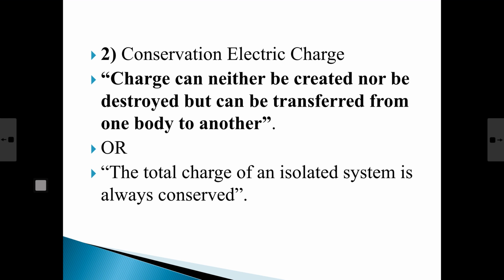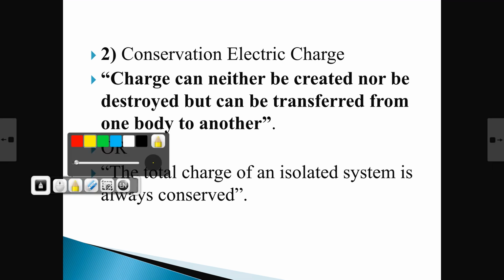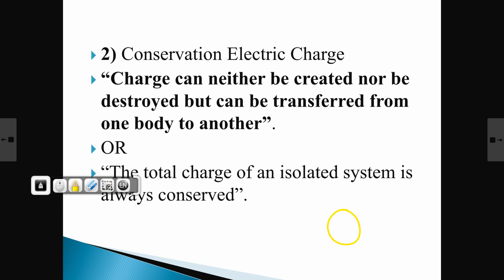Let me say here I have a system which contains a total charge of Q and it is isolated. It is in isolation, that means there are no other systems to contact. Then what will be the charge of the system after t seconds?